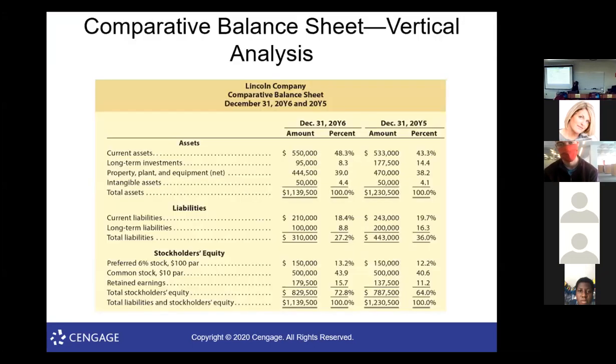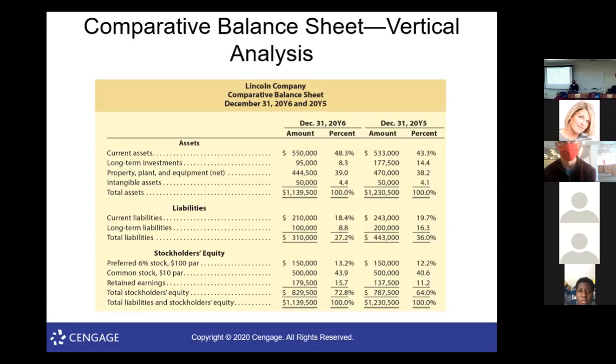All right, so this is a vertical analysis, very different than a horizontal analysis. And what this does is it presents every line item as a percentage of another line item. So for assets, every line item here, for the current year, we see $550,000 of current assets.